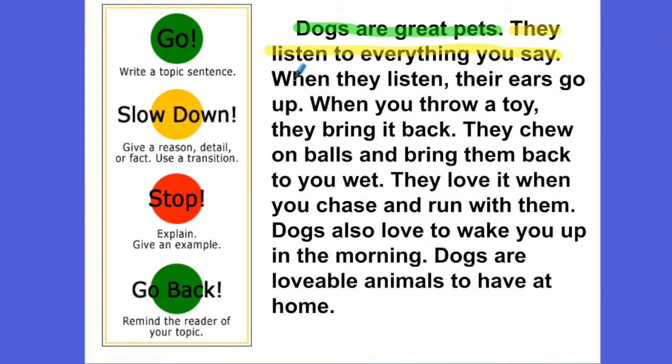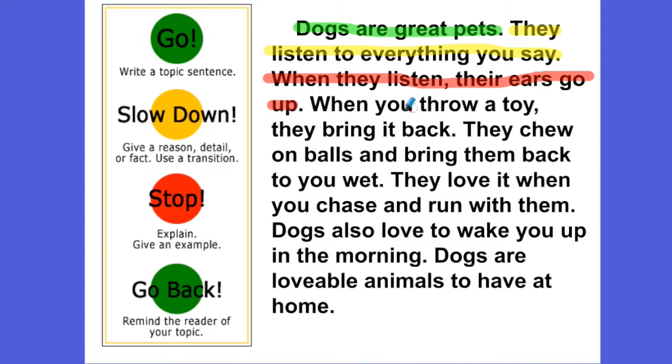Let's read the next sentence. When they listen, their ears go up. Is this telling me something new about dogs, or is this telling me about how they listen? Here, this is our explanation of a detail. It's telling me about the detail.